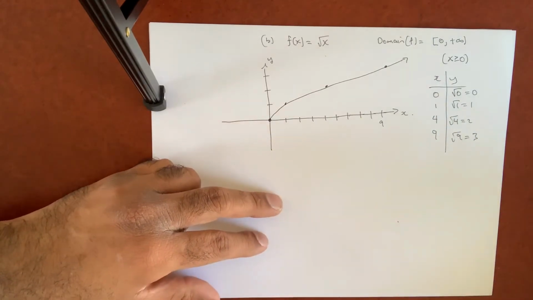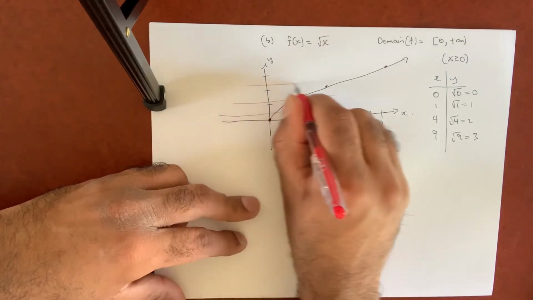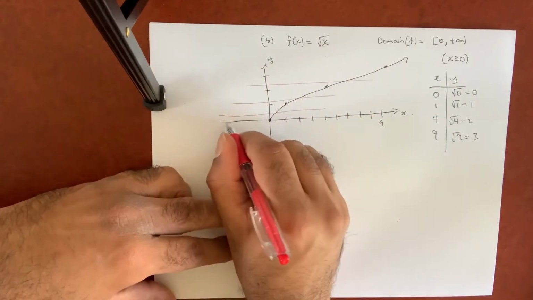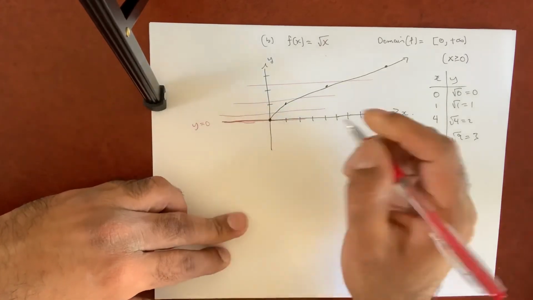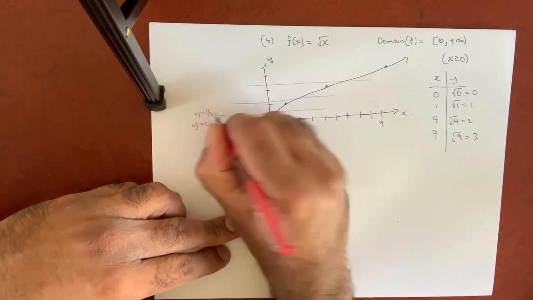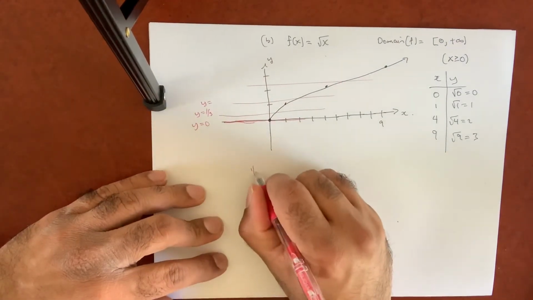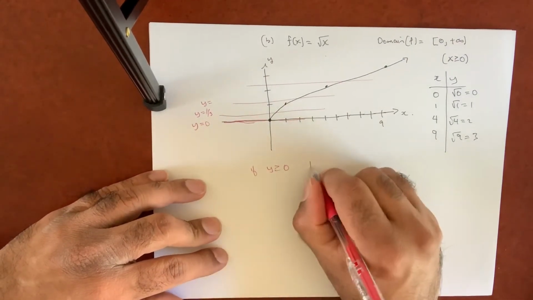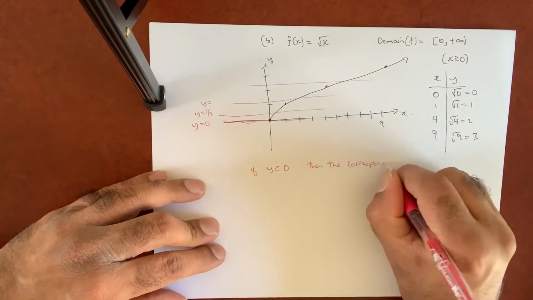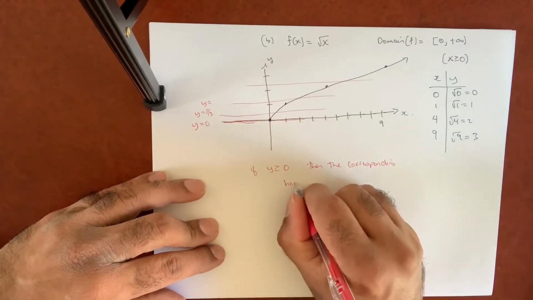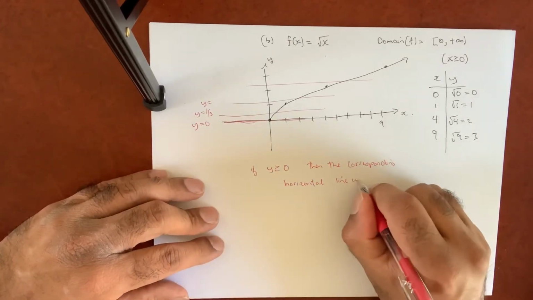And now we say, what is the range? Well, again, you can visually see that if I draw any horizontal line that's above the x-axis, as well as the x-axis itself, so for example, this is the line y equals 0, maybe a third here, all these values, so if y is at least 0, then the corresponding horizontal line will cross the graph.